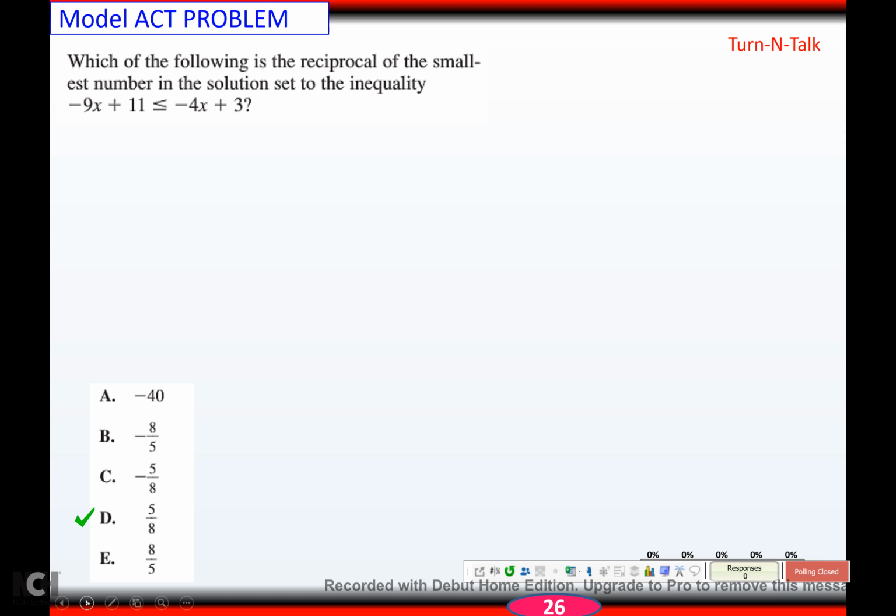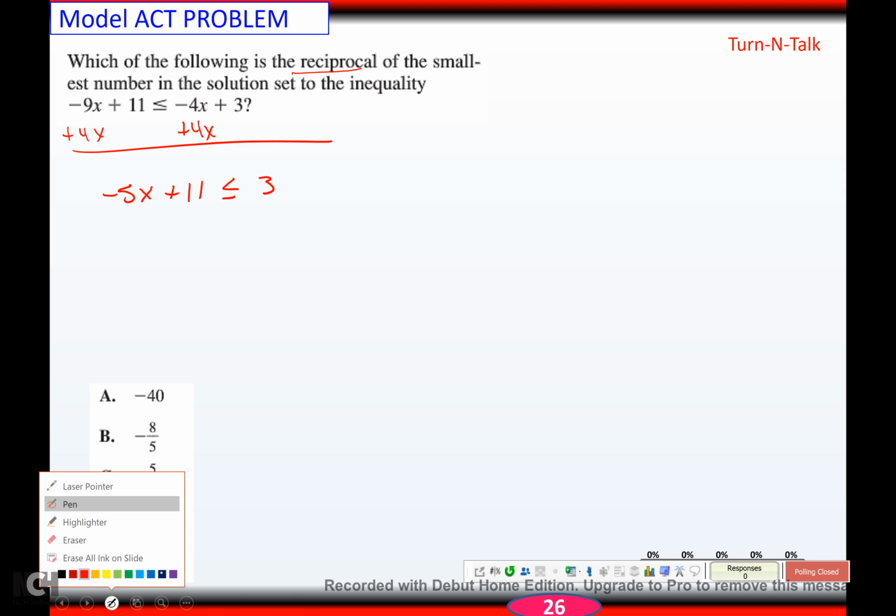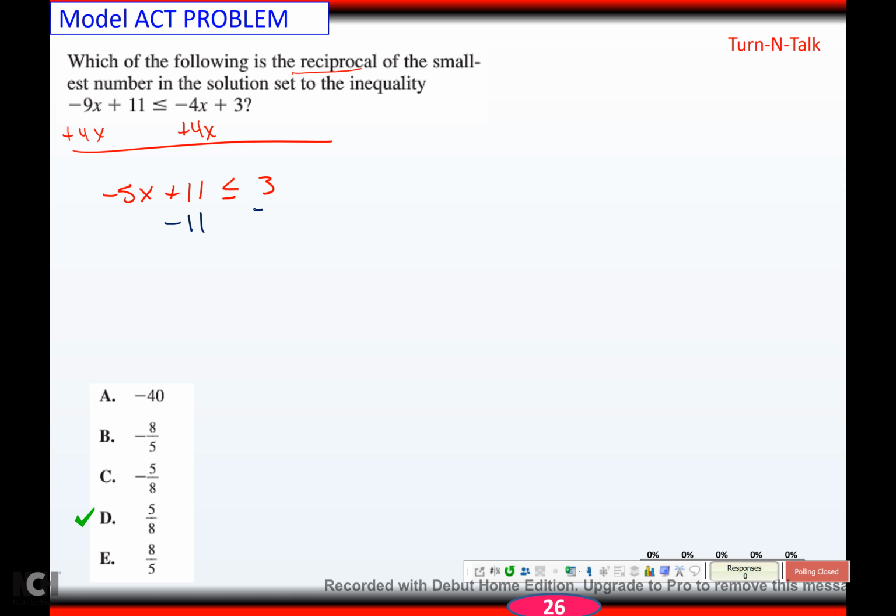And hopefully you got 5/8. Alright, it says, which of the following is the reciprocal of the smallest number in the solution set? So we've got to find the solution set, get the smallest, and then flip it over. So I've got x's on both sides. I'm going to move this guy by adding 4x. That gives me negative 5x plus 11 less than or equal to 3. So now to get x alone, I'm going to minus 11.